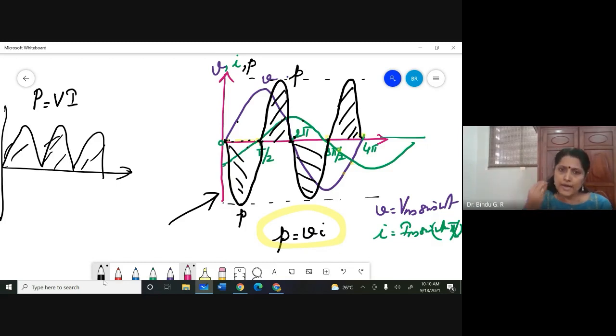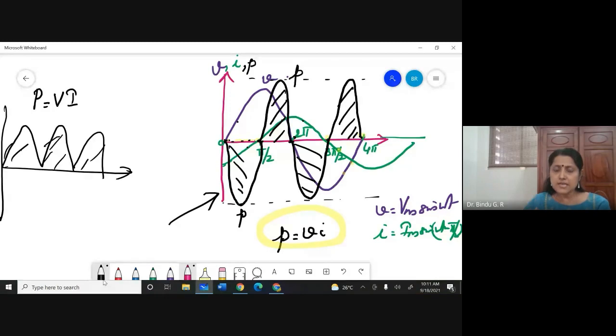So during one half cycle, power is given to set up the magnetic field, and during the next half cycle, that stored energy in the magnetic field is being supplied back to the source.